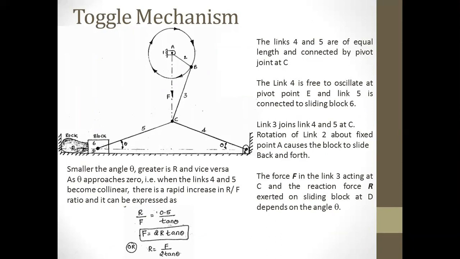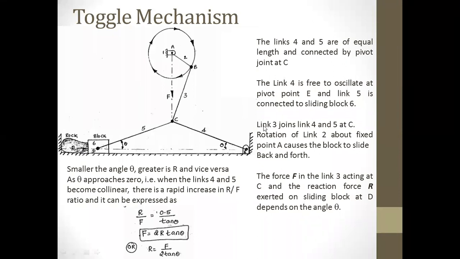Link number 4 is free to oscillate at pivot point E. Link number 5 is connected to a sliding block, which will crush the rock. There is a reaction force here, which you can call R.